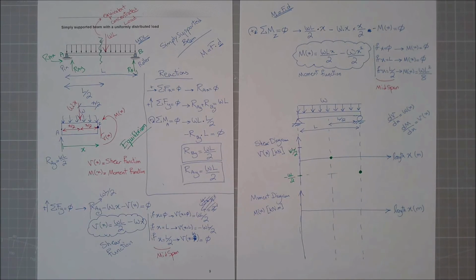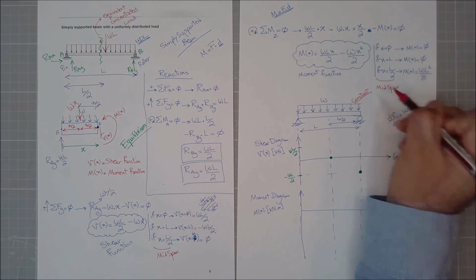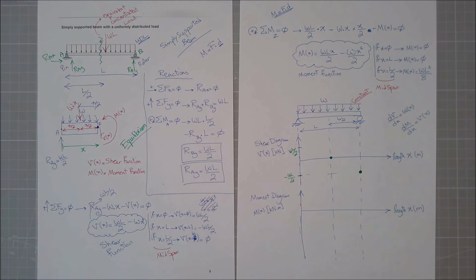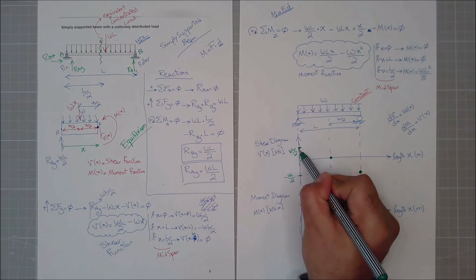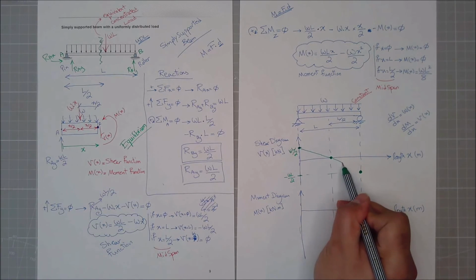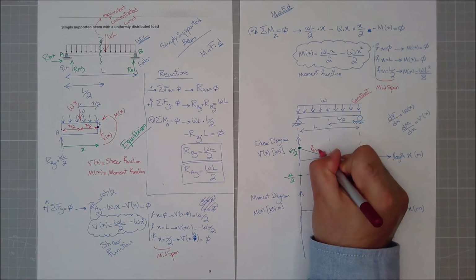My load over here is what? It's a constant load. So if this is constant, this should be linear. That's why if I want to connect these points, I draw a linear curve.